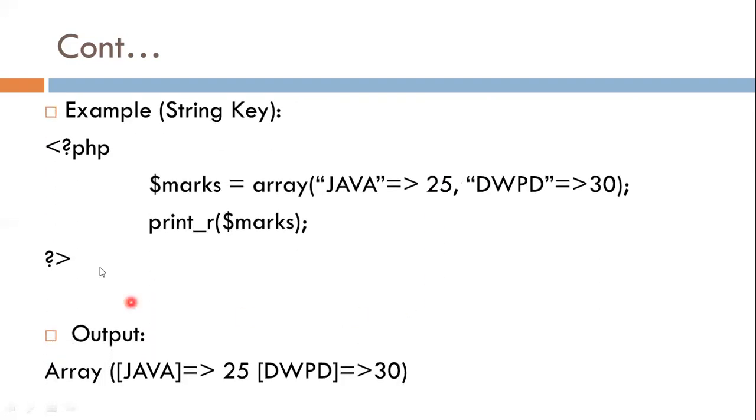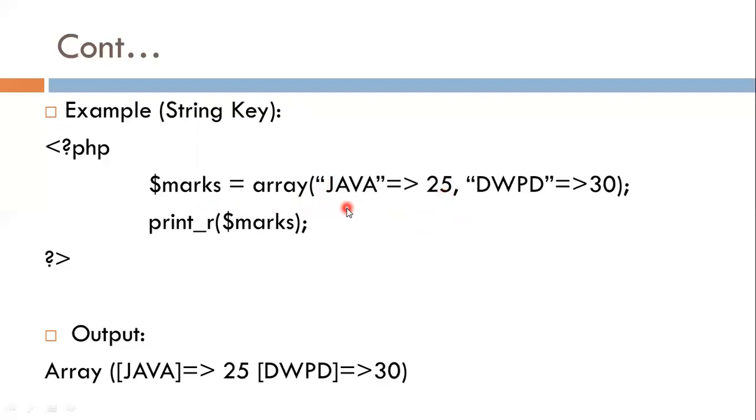Now the second example. In the second example, I create a PHP script using a string key. In the PHP script, I write one variable $marks, meaning the array name is $marks. Then using the array function I create an associative array, and between the parentheses write the subject name as a key and marks as a value.